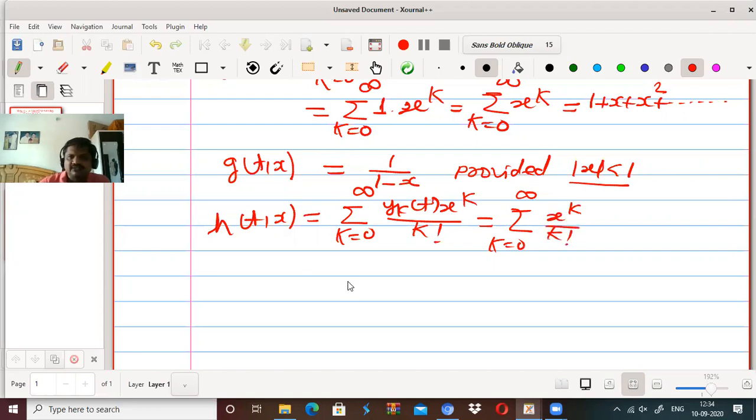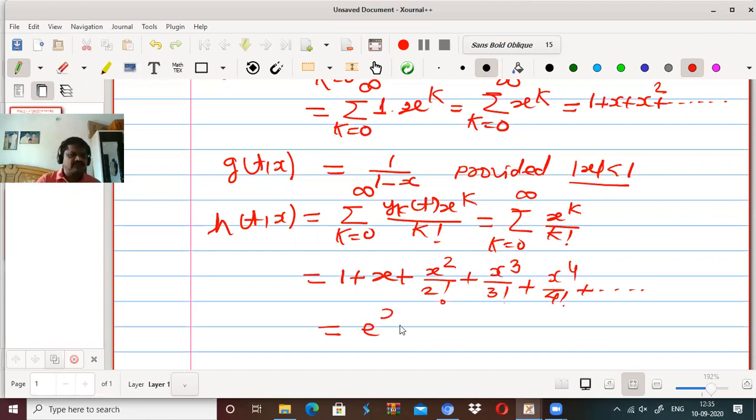See what type of series comes. If I put k equal to 0, the first term becomes 1. If I put k equal to 1, the second term becomes x. Then x square by 2 factorial plus x cube by 3 factorial plus x raised to 4 by 4 factorial and so on. And you know what this is? This is just e to the power x.